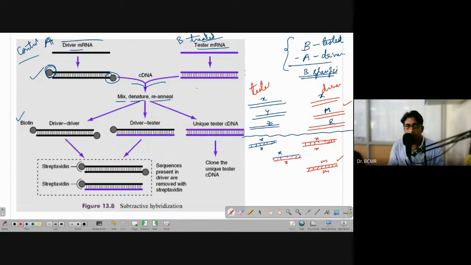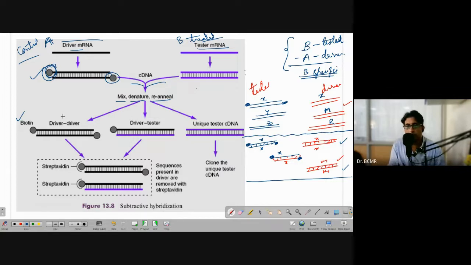If we recollect, we have added biotin here, and I will put the biotin like this now. So this has biotin, and this one too. And the hybrid ones will also have biotin like this. There are two things that do not get biotin. Which are those? This one and this one. Let's look at the next step.